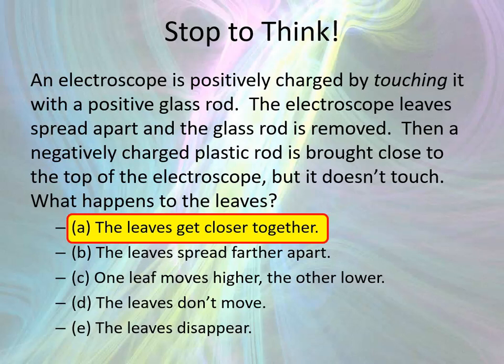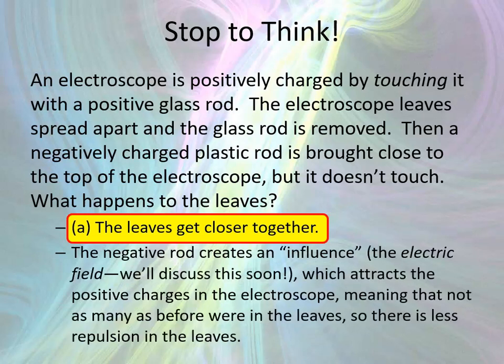What's really happening is simply the negatives flee to the bottom, canceling out some of the positive that's already there. Either way, you're dealing with less positive charge at the bottom, and the leaves are therefore going to get closer together because they're not repelled as much as they were before. So yeah, that negative rod creates an influence, and that attracts the positive charges in the electroscope.